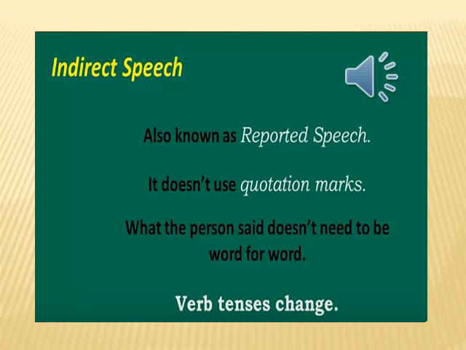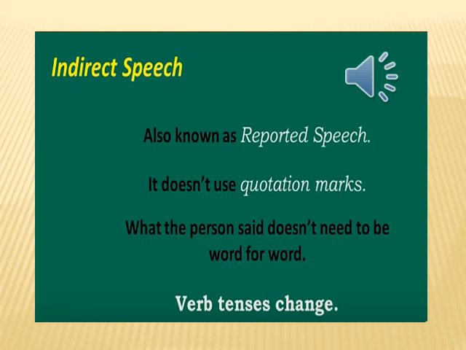It doesn't use quotation marks. Like in direct speech, the words are written inside the quotation marks. In indirect speech, there are no quotation marks. What the person said doesn't need to be word for word. That means you can make some changes when you are writing in indirect speech.